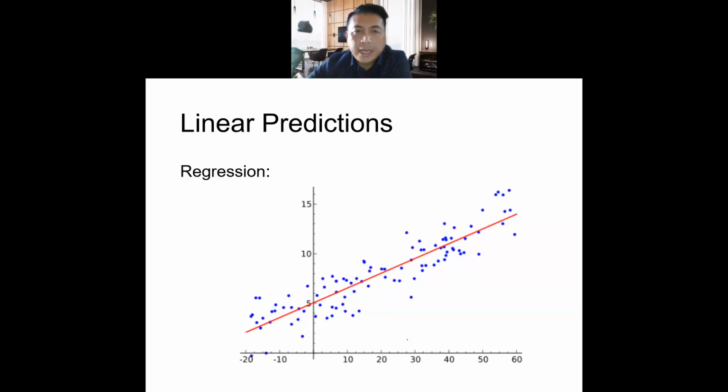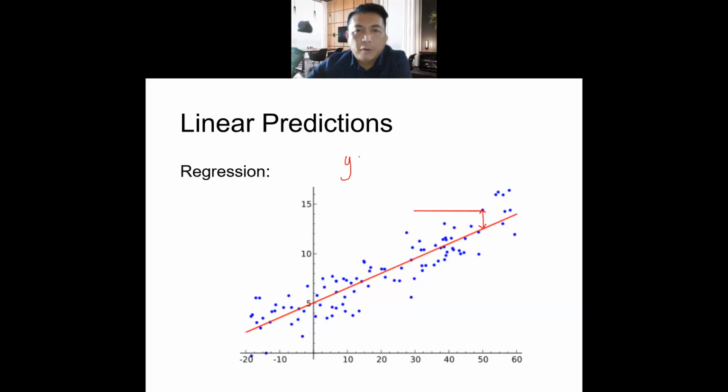In regression analysis, we are looking at drawing a line that will reduce the error between the actual and the predicted value. So we want to draw the baseline that will reduce the residual.